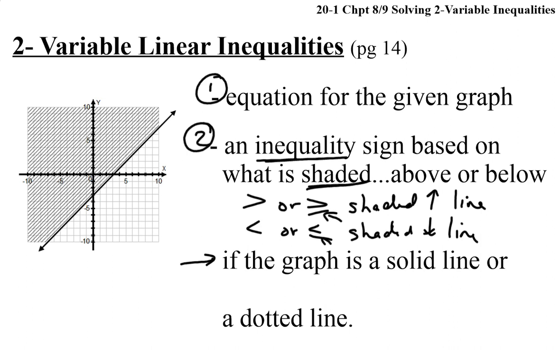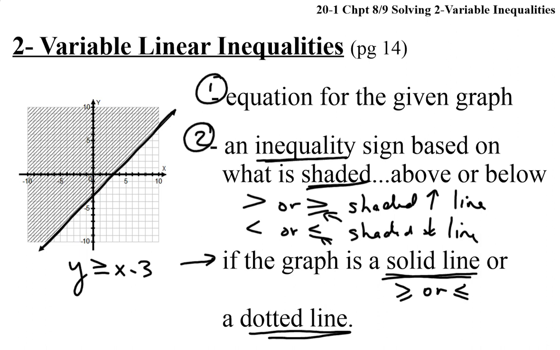If the graph is a solid line, that means we're using greater than or equal to or less than or equal to. It means we want it. So the example on the screen is a solid line. So we had y greater than or equal to x minus 3.